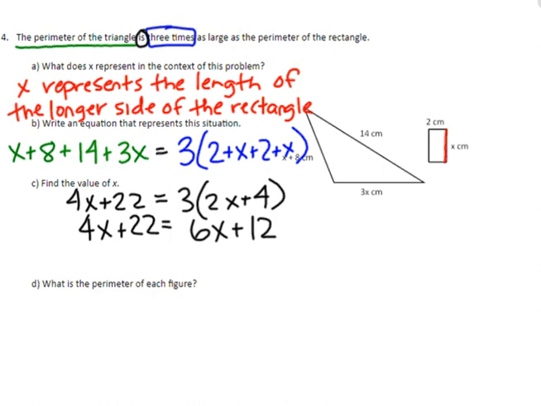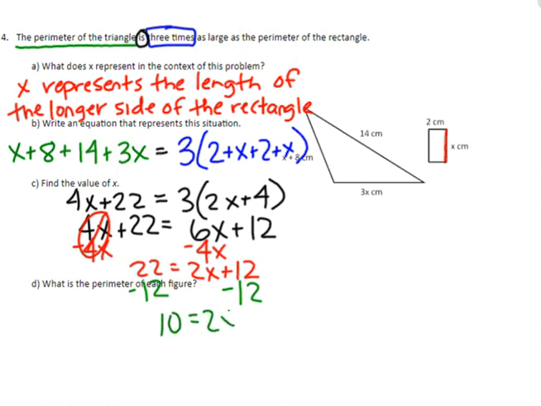Okay, get variables combined on one side. Can do that by subtracting 4x. So 22 equals 2x plus 12. Now combine constants. We'll subtract 12 from each side. So 10 is equal to 2x. Divide by 2, and we get 5 is equal to x.